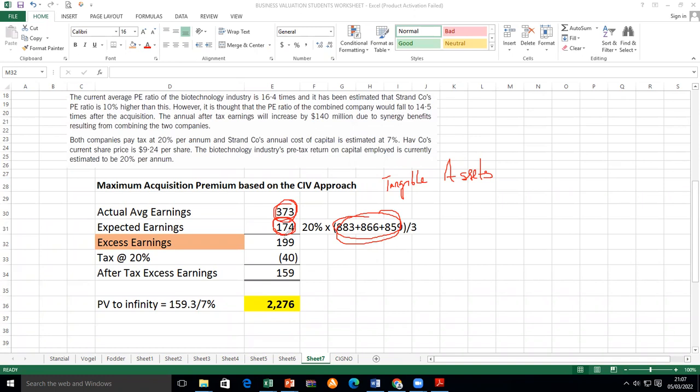So there's an excess of how much? 199. The question is, who is generating this? Who is generating these earnings?